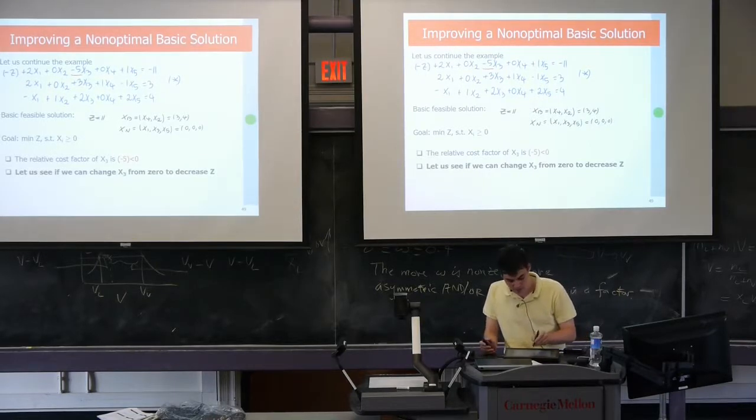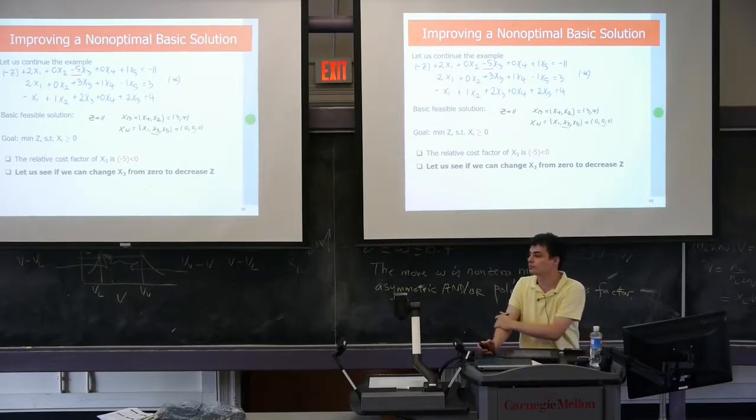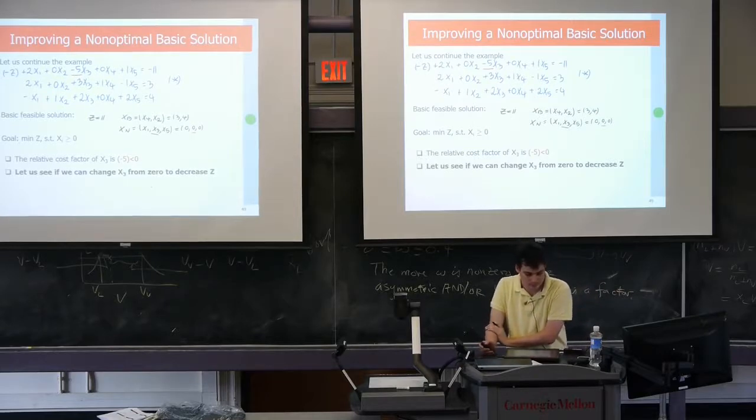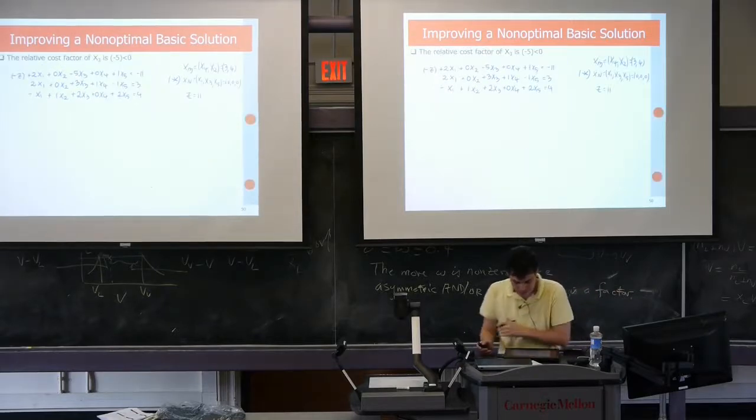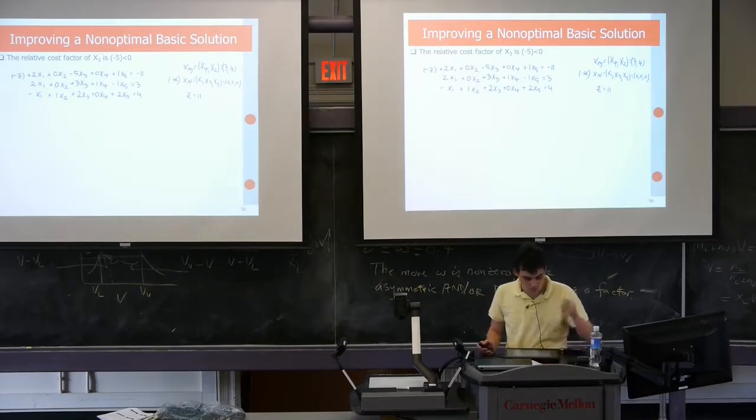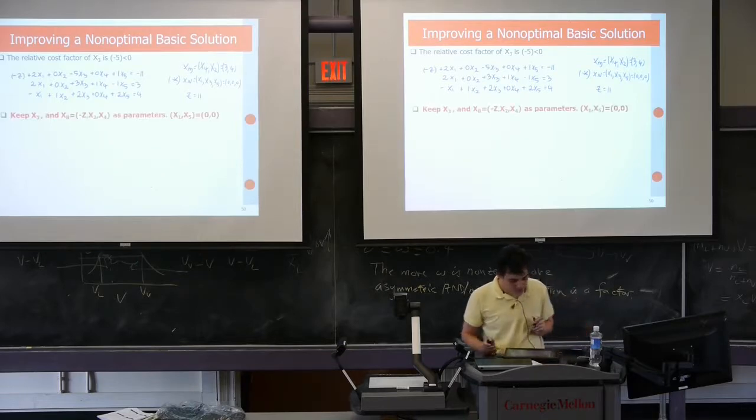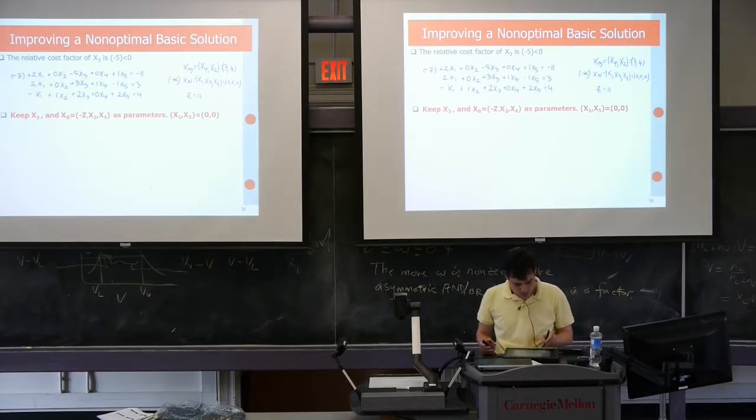So currently, the value of x3 is 0 because it's a non-basic variable, right? So what we do is we keep x3 and the basic variables as parameters, and the other non-basic variables remain 0.